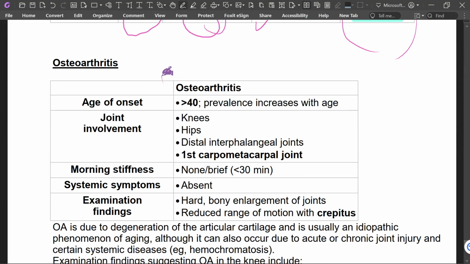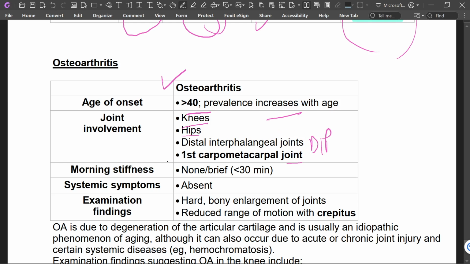Osteoarthritis is usually seen in patients more than 40, and prevalence increases with age. It may involve the knee, hip, DIPs, and first carpometacarpal joint.